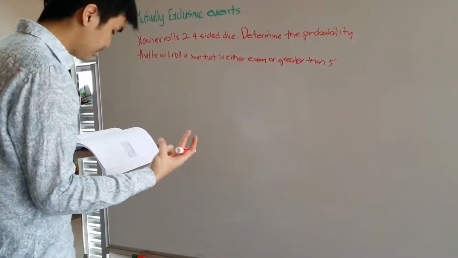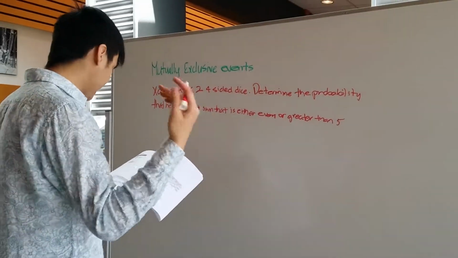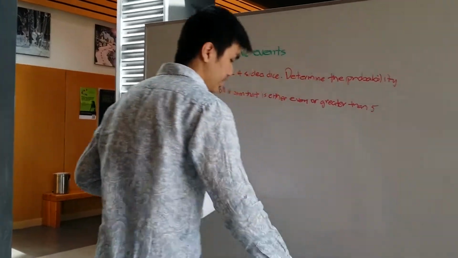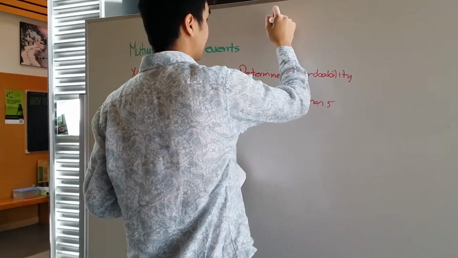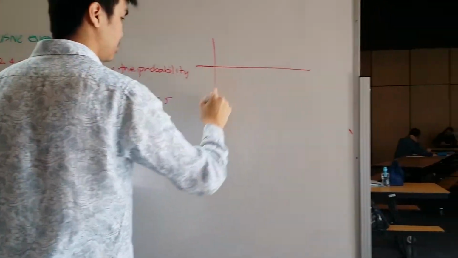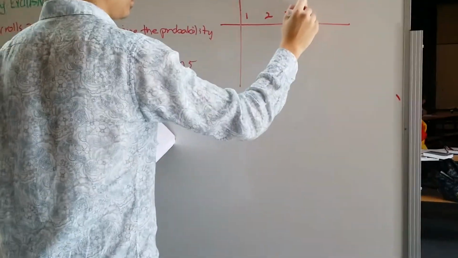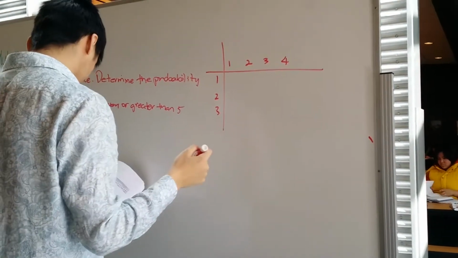So step 2, you need to make the table of sums. Same as example 1, make a table of sums again.